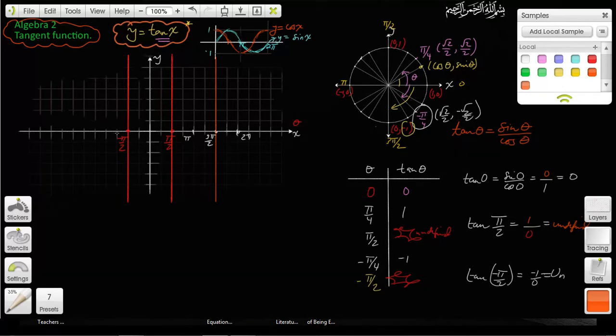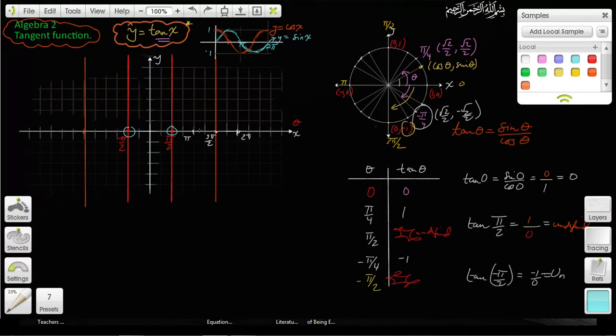And then you go back over here, and you're going to have another asymptote over here. So these asymptotes, as you can see, are going to be recurring every pi values. Half a circle is pi, so they're going to occur every pi.